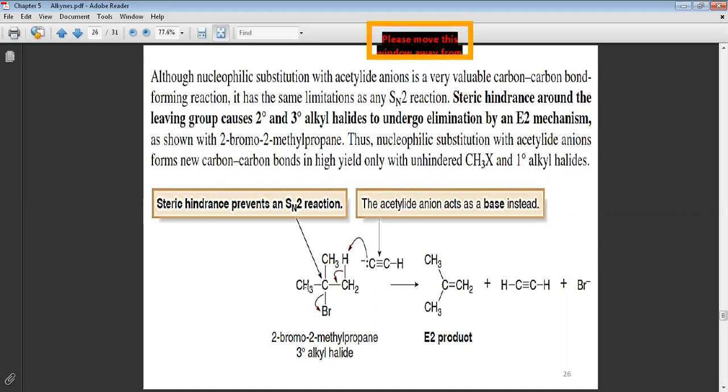Which one is the best, the substitution or the elimination? You can decide the structure of the product, whether it comes from the elimination or from the substitution reaction. It is so important. Be careful about that.